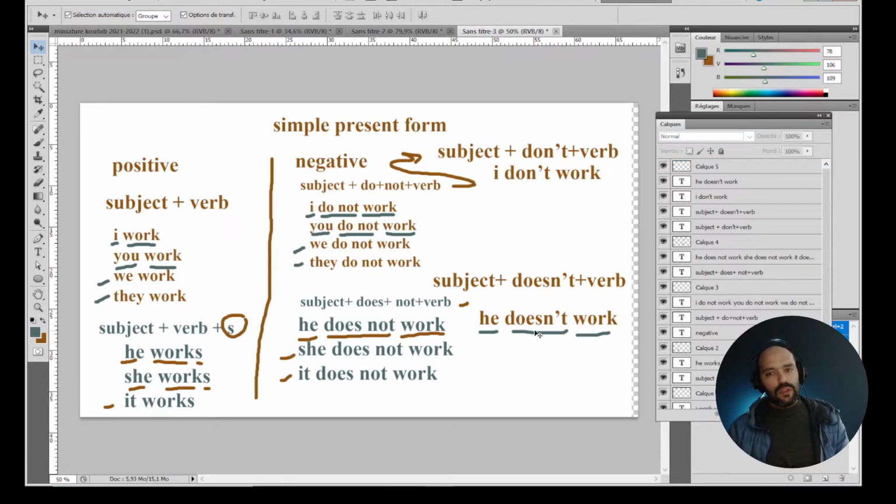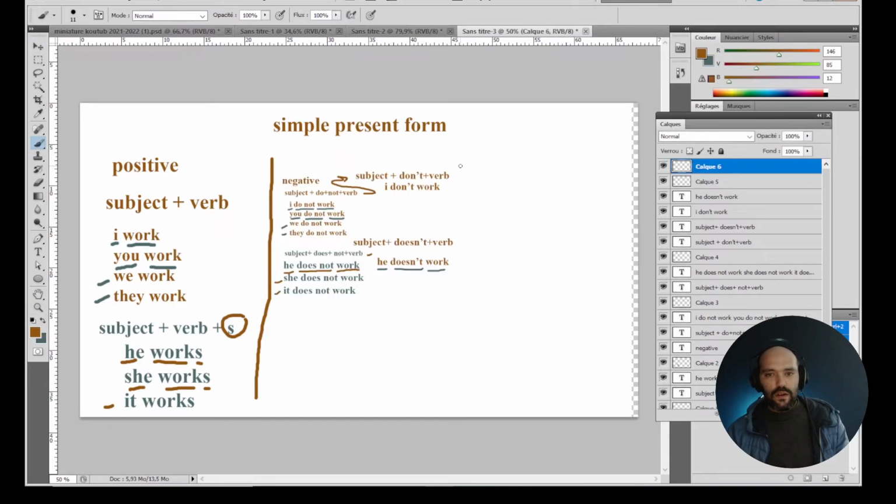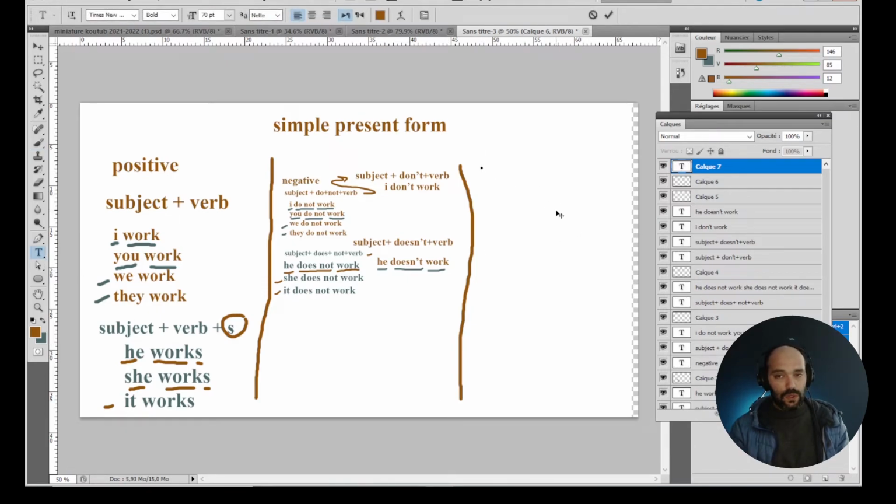Okay, let's move to the next section, the question form. We form like this: do plus subject plus verb.